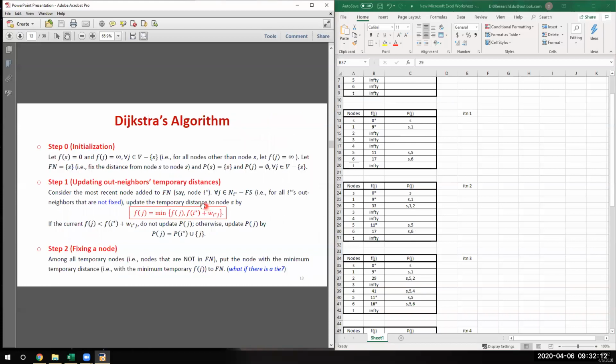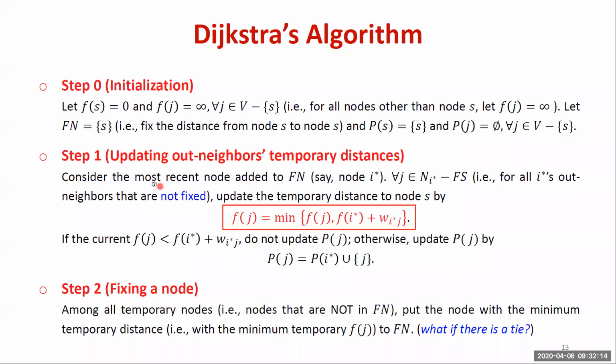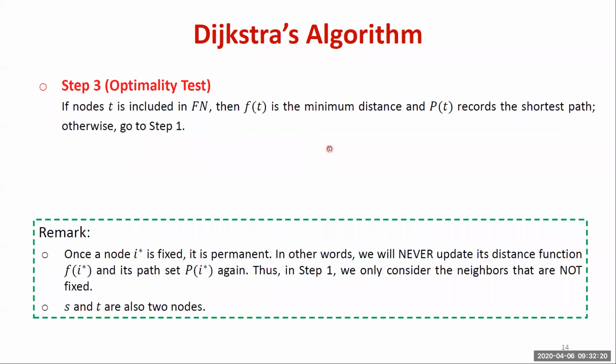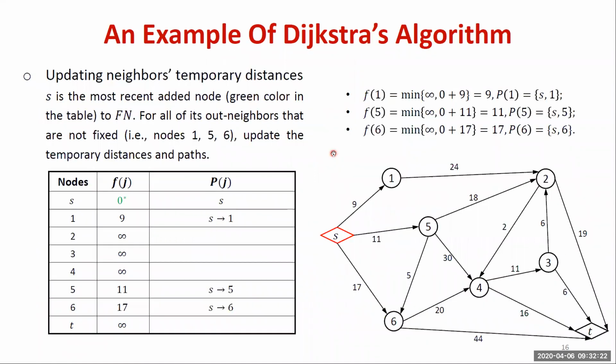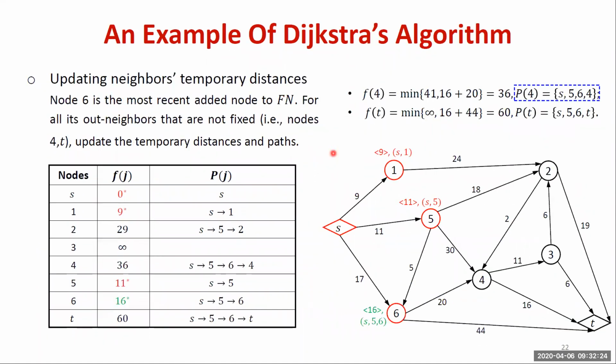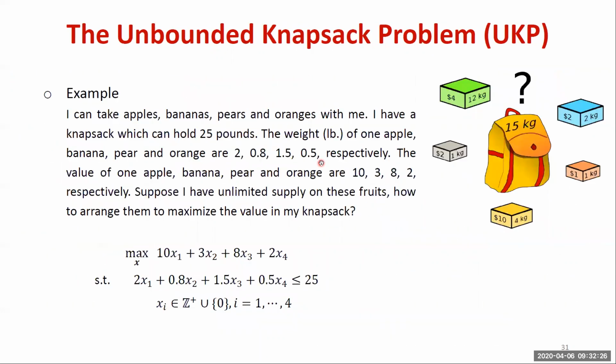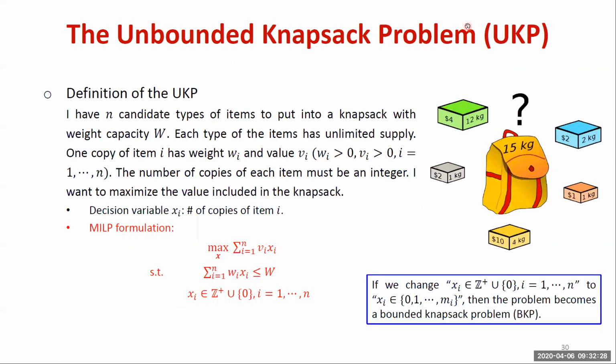No? Okay. And the second problem that I want to introduce, about dynamic programming in addition to Dijkstra's algorithm, is the so-called knapsack problem, or the UKP, unbounded knapsack problem. So the definition of the knapsack problem is this.